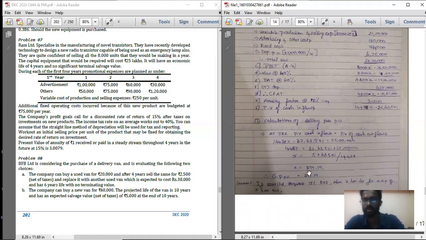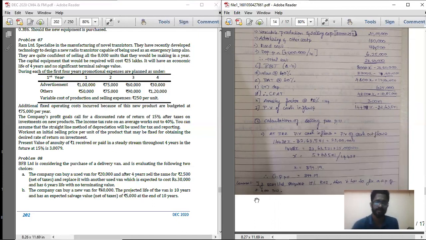So we have found X as 399.19, which is nothing but the selling price. Therefore the selling price per unit is 399.19, that is 399 rupees 19 paisa. If you work out at IRR 15%, that is the selling price per unit that gives the present value of cash inflows.